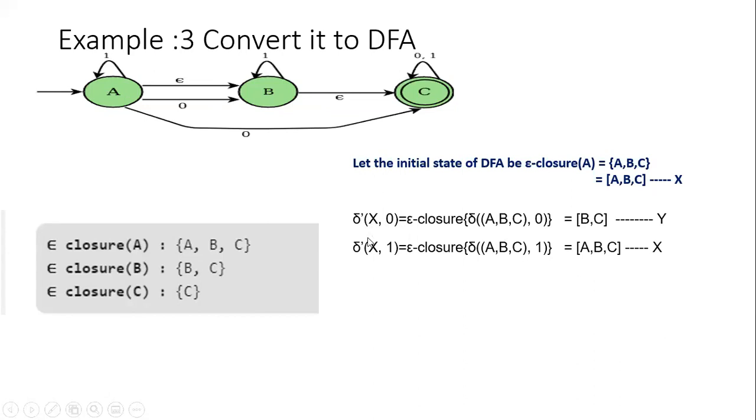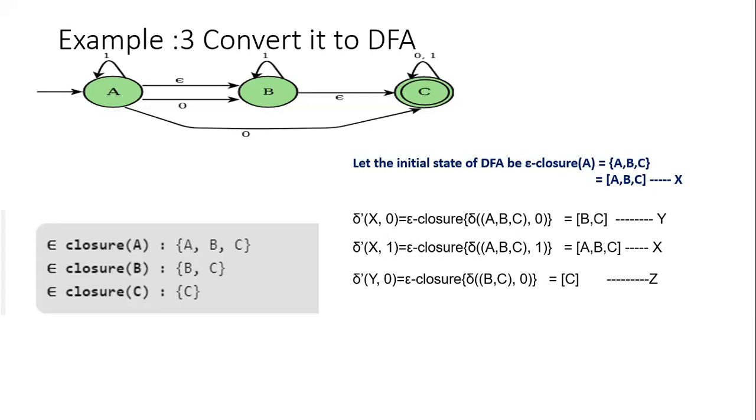X comma 0 is B comma C. This is a new state, and we name it Y. After that, we calculate the transition of X comma 1. For that we get ABC, which we already have, so we give the same name, X. Then we calculate Y comma 0 and Y comma 1.